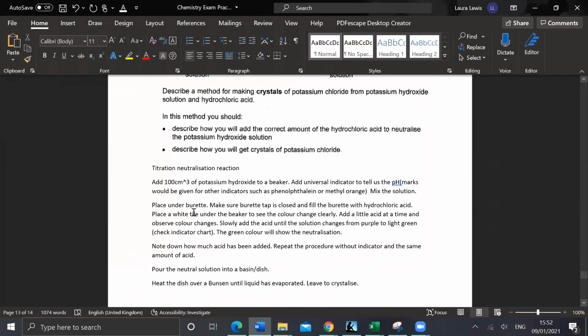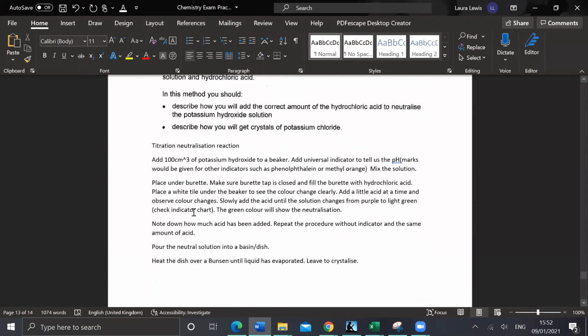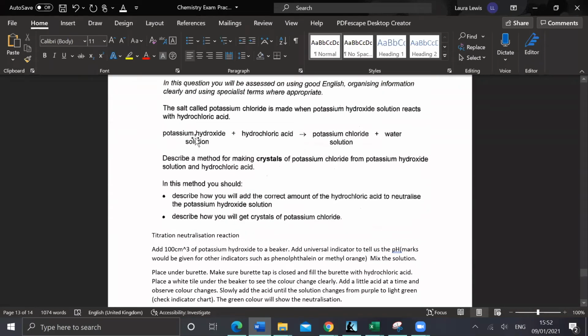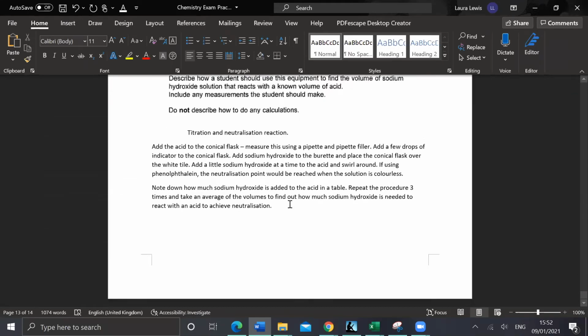Just things to be aware of here. In general, if you add an alkali to an acid, you'll get a salt plus water. You could put at the end here, just to remind us, in a neutralization reaction, a salt and water is produced.